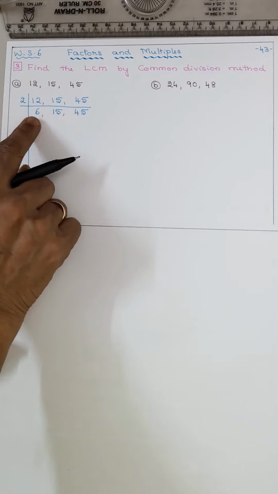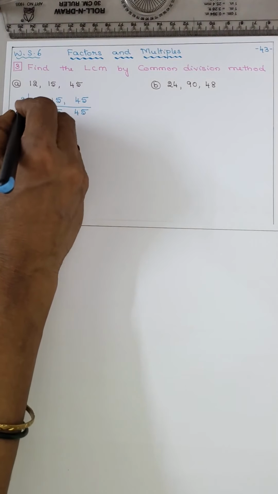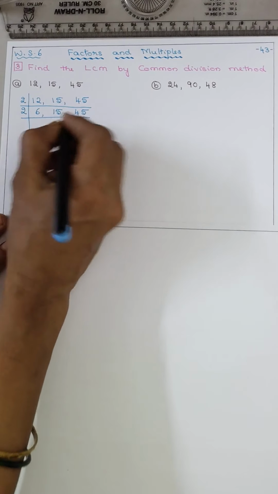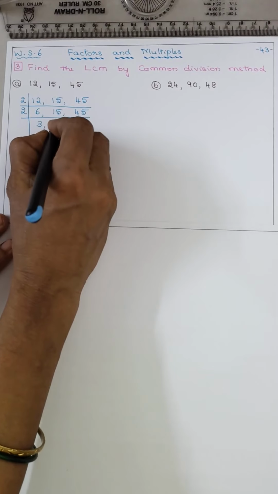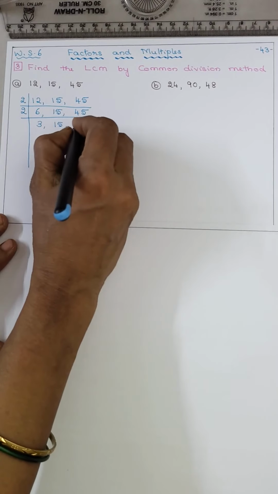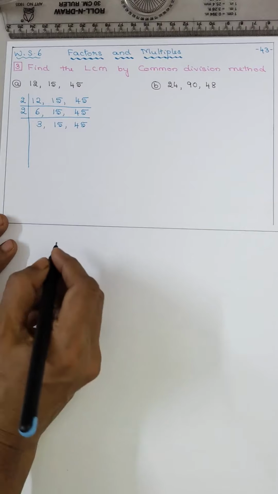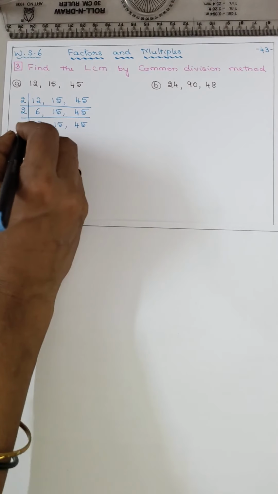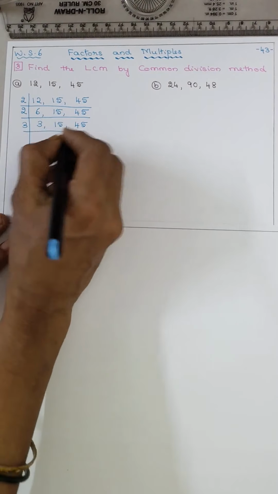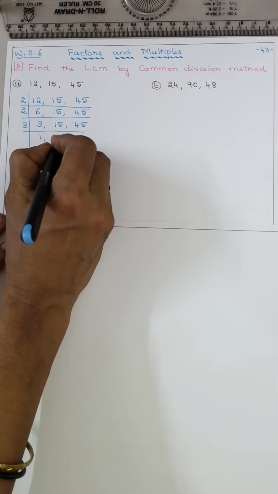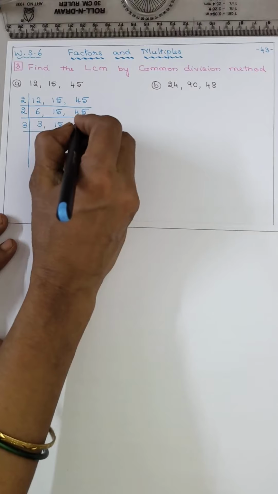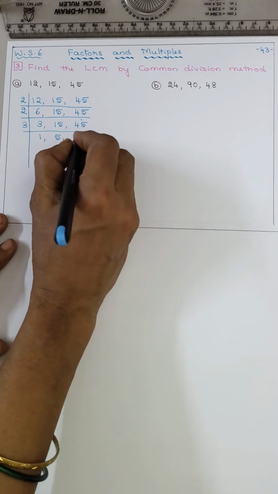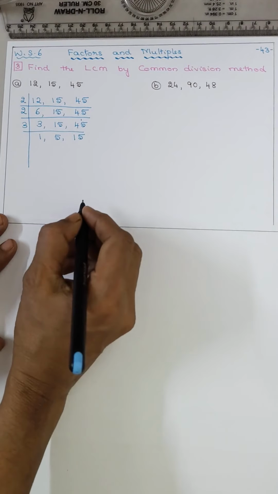Next again, it is an even number, so divide by 2. 2 3s are 6, 15 as it is, 45 as it is. Now it is not divisible by 2, you have to see for 3. 3 2s are 6, 3 5s are 15, 3 15s are 45.